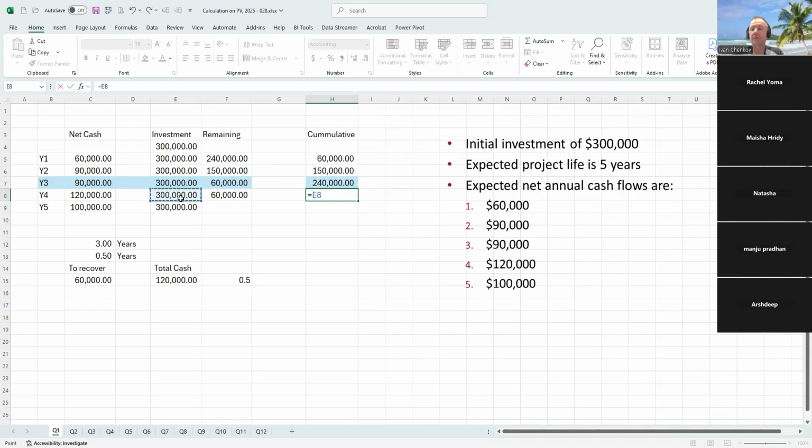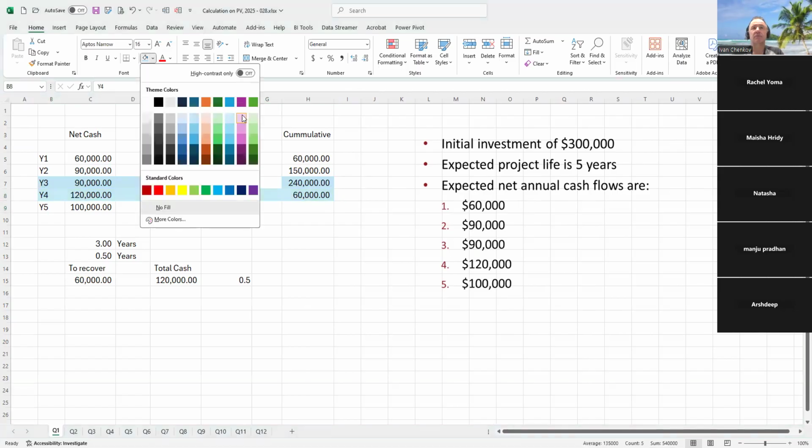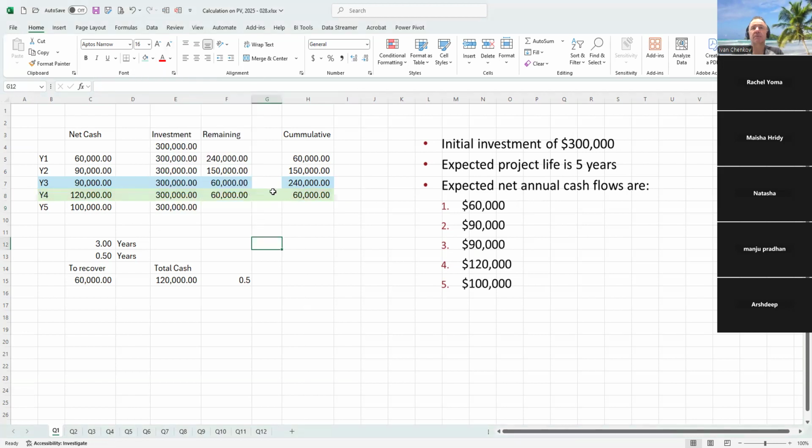Well, what is left is the investment minus what we collected so far, 60,000. And again, applying the same formula, you get the fraction. Which way you go is up to you. Either you go with the remaining, or you go with the cumulative. It doesn't matter as long as you realize that it takes you 3 full years and a fraction of the year to get it.